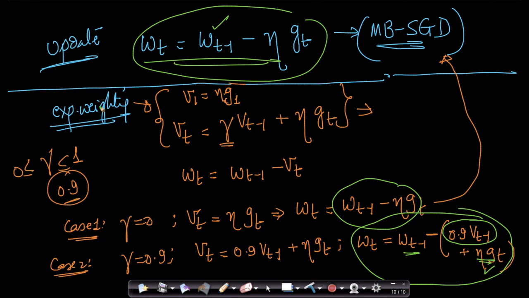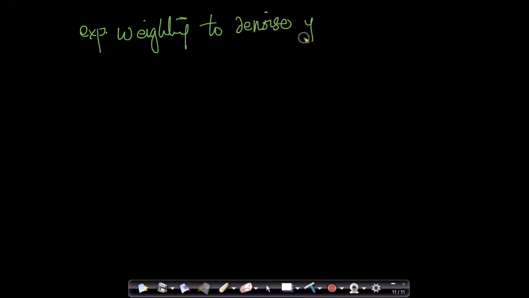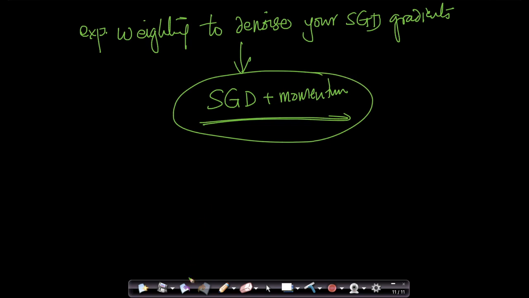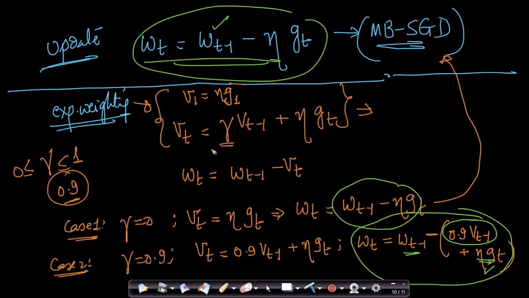So when you use exponential weighing to denoise your SGD gradients, the core idea is this: what you get here is nothing but SGD plus momentum. And this term here is called the momentum term. This term here is your standard gradient term.